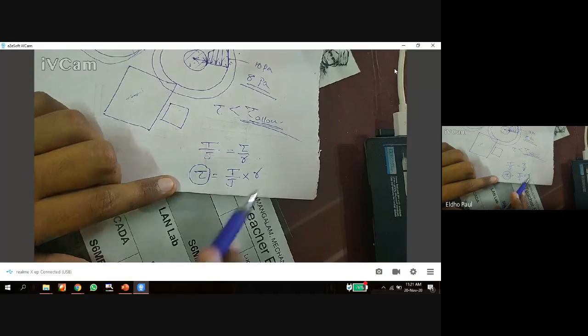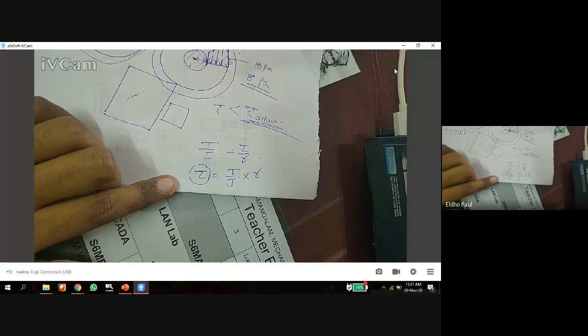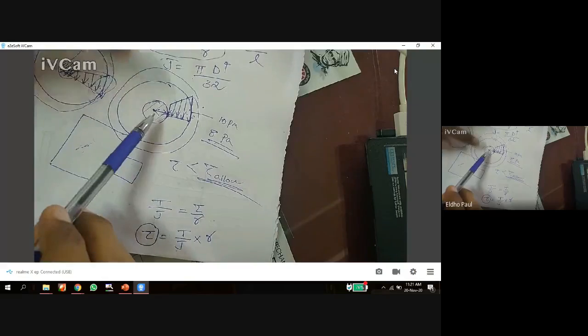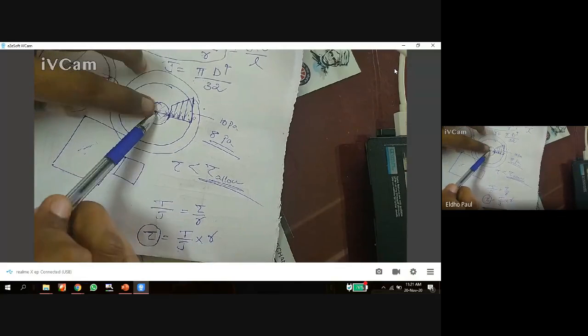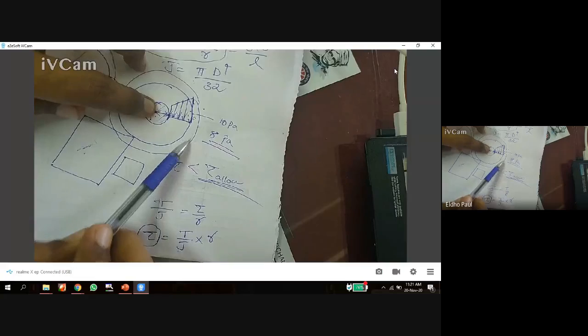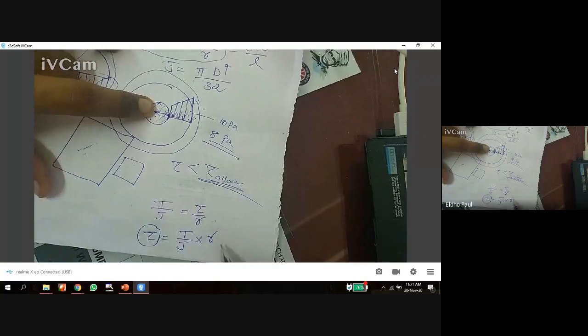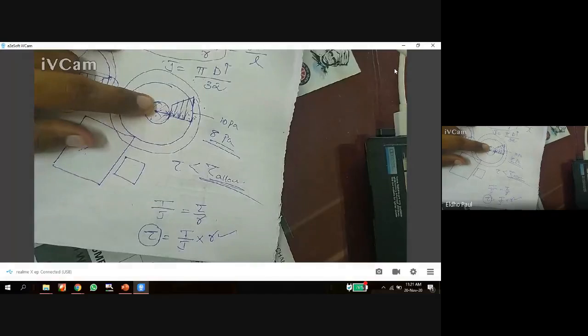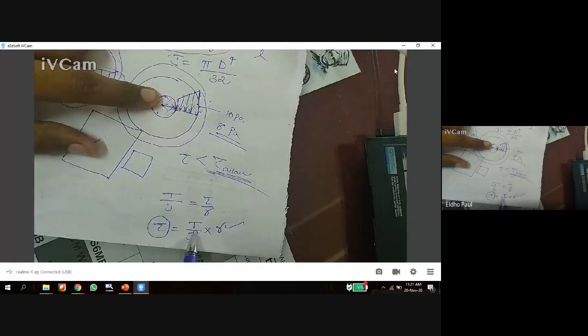Torque, R increase, increase in torque. So if we take the material from this portion and distribute it here, R is increasing, of course. At the same time, what happened to this J value?